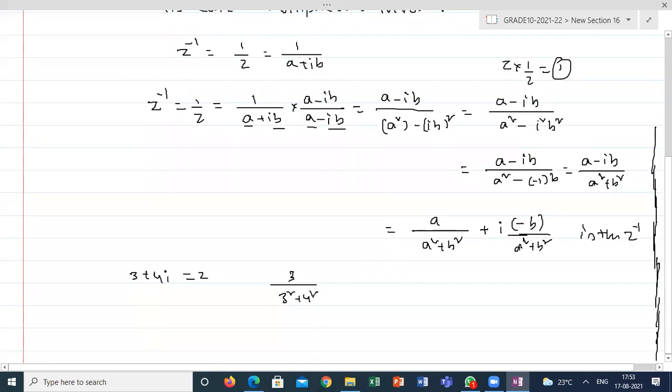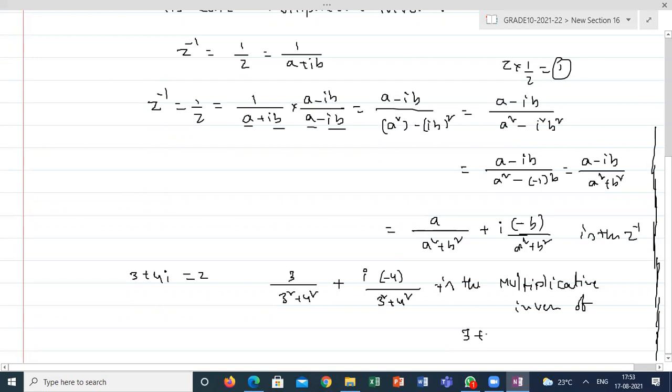3 square plus 4 square plus i into minus 4 by 3 square plus 4 square is the multiplicative inverse of 3 plus 4i.